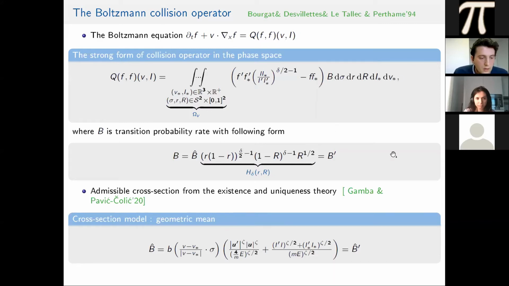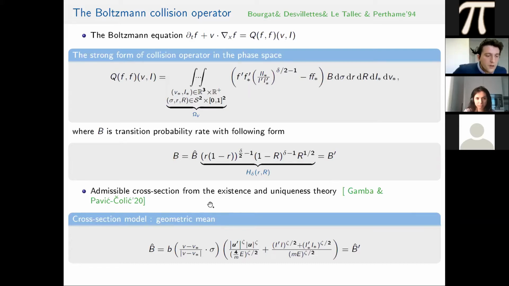But now we want two things. The first thing is we want our cross section to be microreversible. What microreversibility means is that if you change the collision partners, so if you swap post- and pre-collisional velocities and internal energy, these cross sections should remain the same.